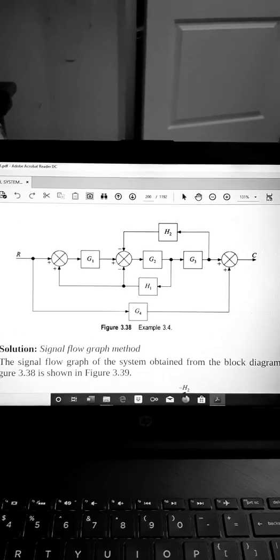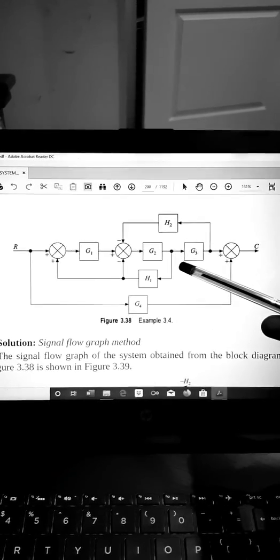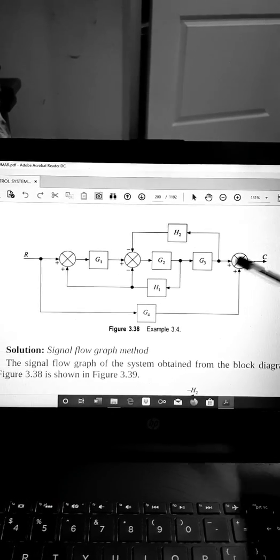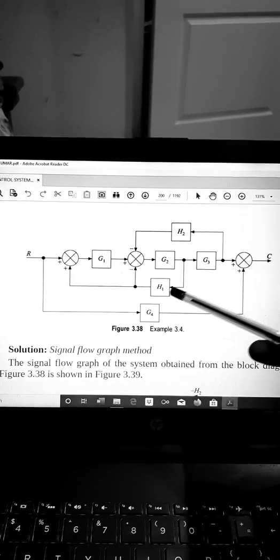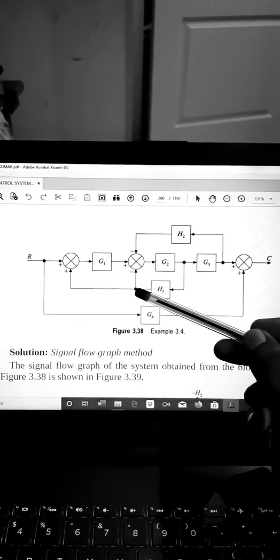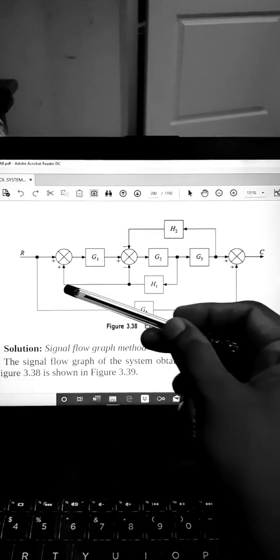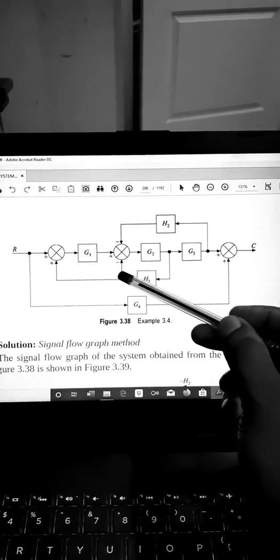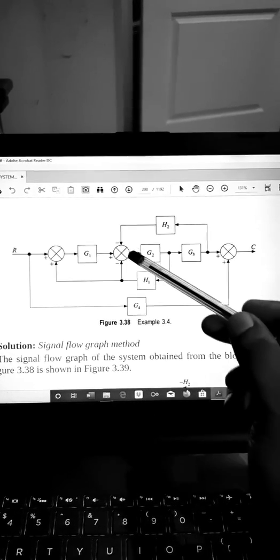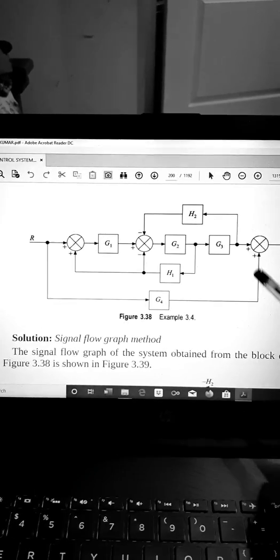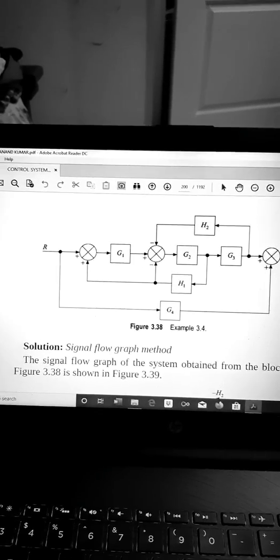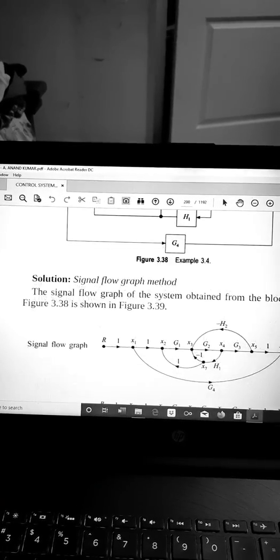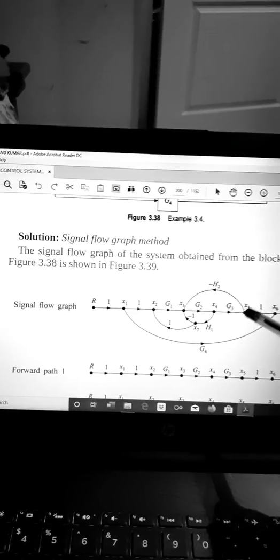So here a very important thing you should understand is the feedback. When it is coming here, it is diverting to two branches, and this is another feedback system. And here you can see that it is another forward path. So when you are dealing with this, you know that this is the corresponding graph, here H2.